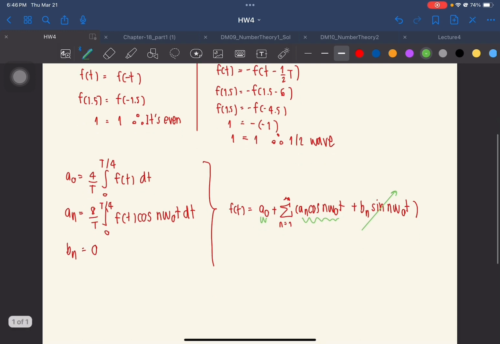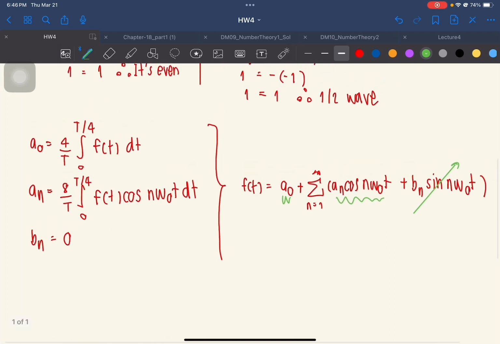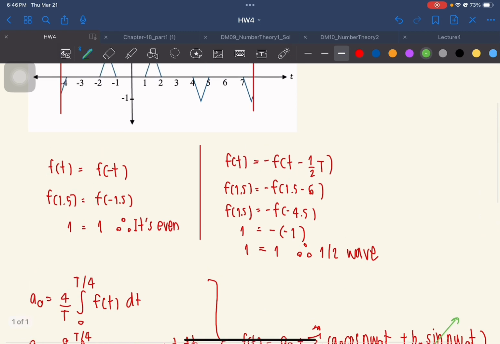Okay, I will find a0 first, but before we find the value, we will find the function first, because we don't know the function, for calculating an and a0.